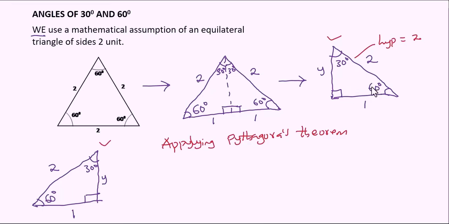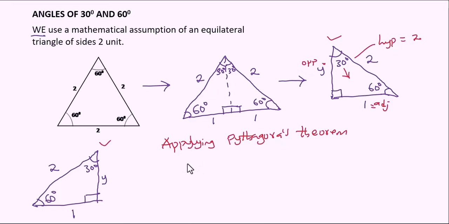Now from this reference angle, what is our opposite? Our opposite is y, and our adjacent is this, if we are using 60 as our reference angle, remember. But if we are using 30, this becomes our opposite and this becomes our adjacent. So let's use 60. Any of them will give you the same value.